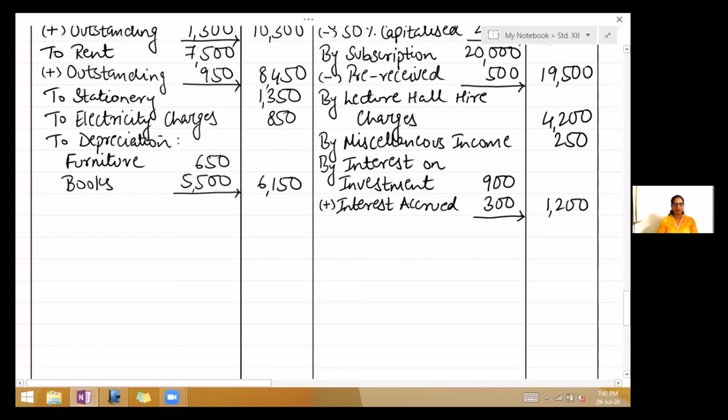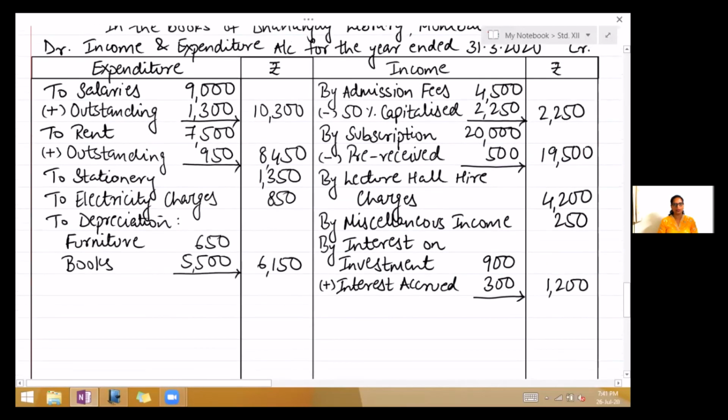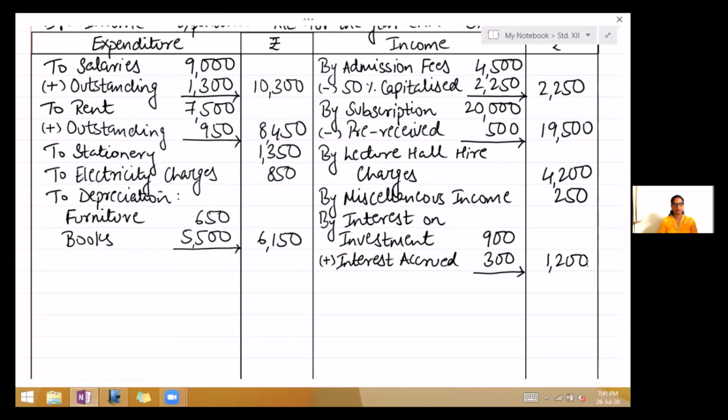Now we have finished with the adjustments. We will first close the income and expenditure account. Take the total of the credit side. Credit side total is 27,400.